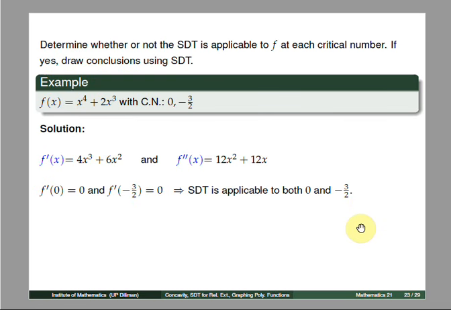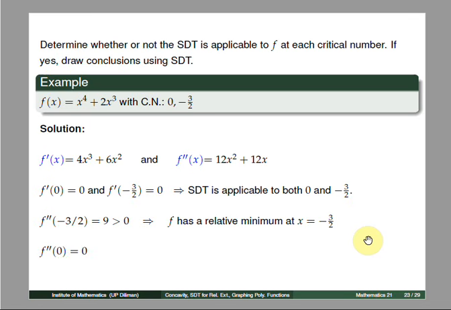Our next step is to substitute these critical numbers to the second derivative. F double prime of negative 3 halves is equal to 9, which is positive, and since the second derivative is positive, by the second derivative test, we conclude that f has a relative minimum at x equals negative 3 halves. So positive second derivative, relative minimum. On the other hand, f double prime of 0 is equal to 0. That means we have an inconclusive result.